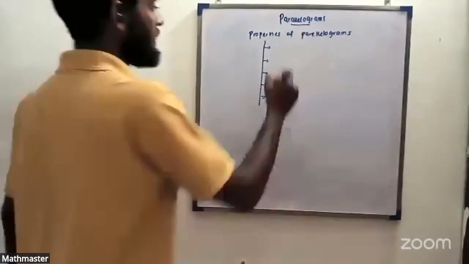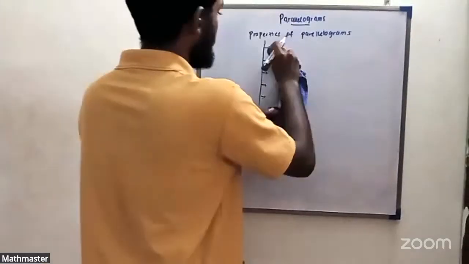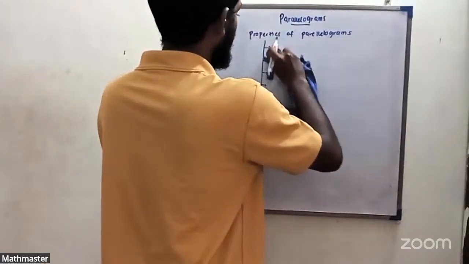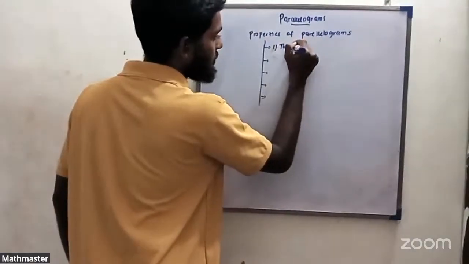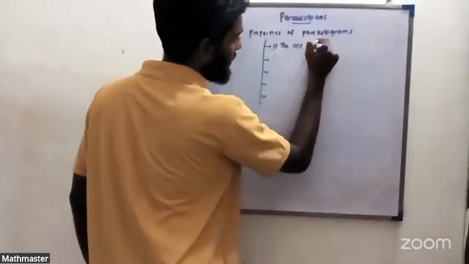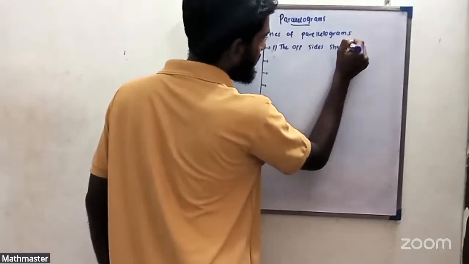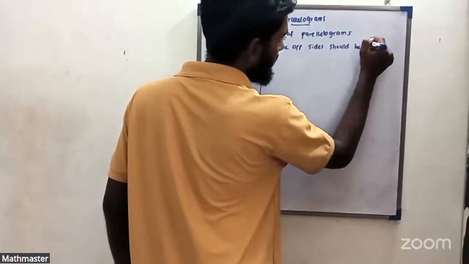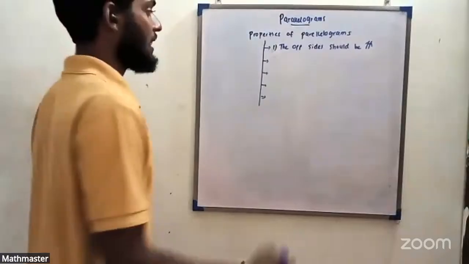First property is the opposite sides should be parallel. This is the first property. The opposite sides should be parallel.